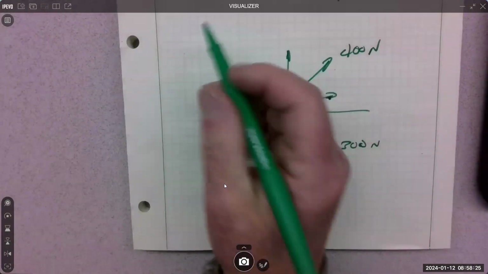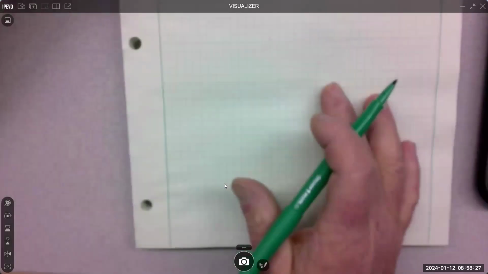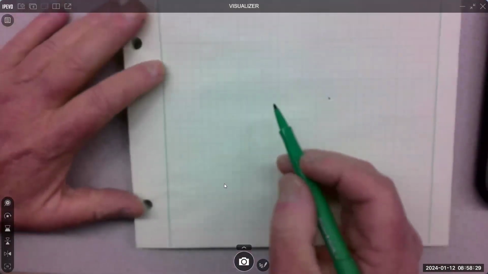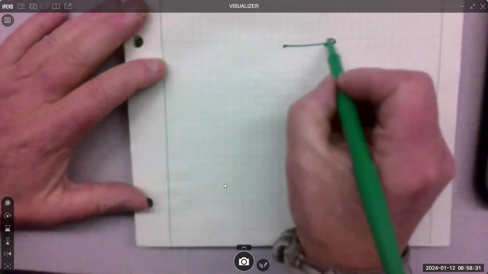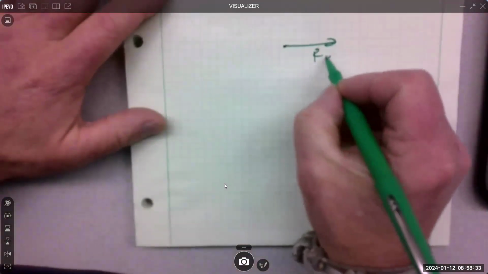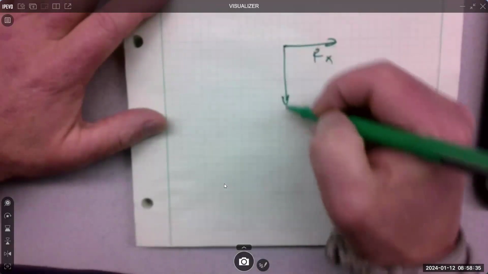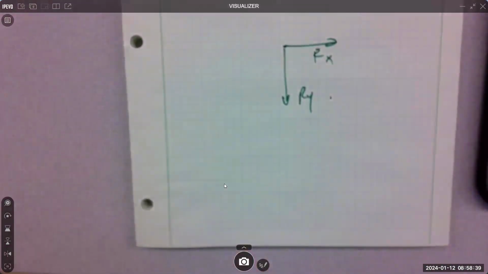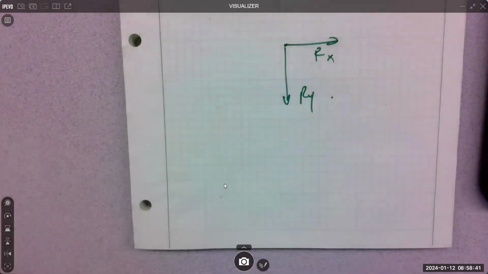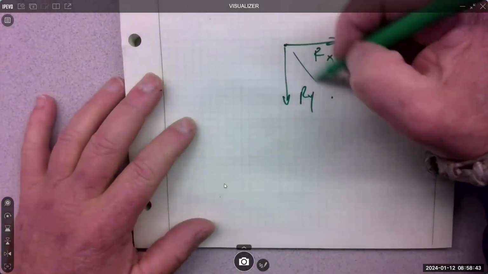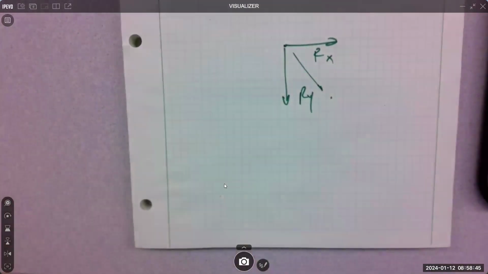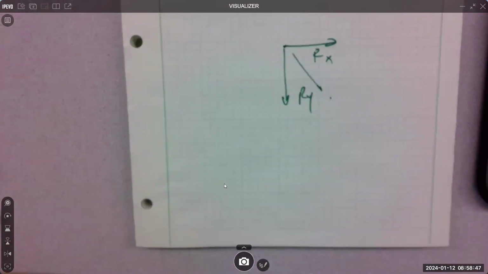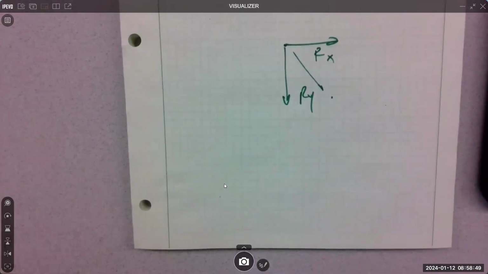Rx and Ry can give us the total, but it's not as important. When we add them all up, these are the two things we really need. Sometimes we'll go after the total resultant load, that is of value sometimes.